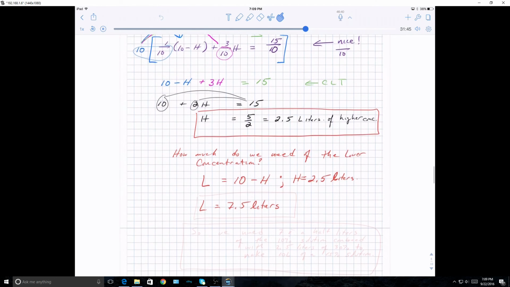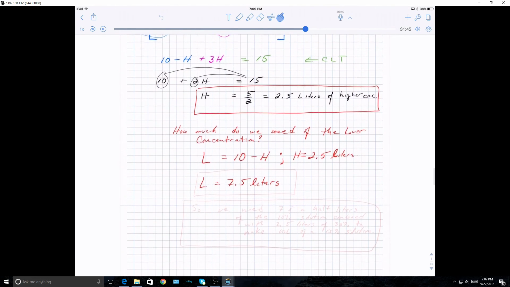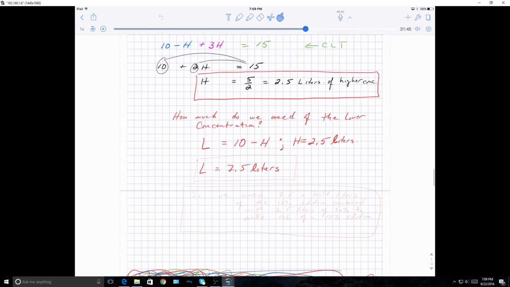So the solution to the problem is going to be what? 2.5 liters... oh, no, let's not label it like this at all just yet. But let's write it down.